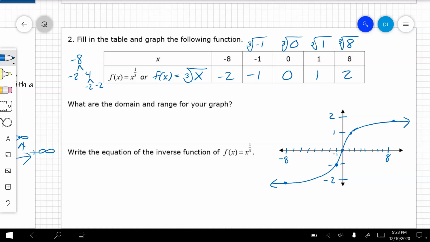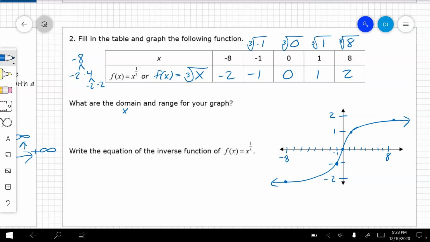Now, when we're looking for domain and range on this one, so we have x values and y values, it's going to continue on, if we're looking at the x values, from -infinity all the way to +infinity. So our domain is going to start off at negative infinity. I cannot include infinity, so that's why it's going to be a less than sign, less than positive infinity.